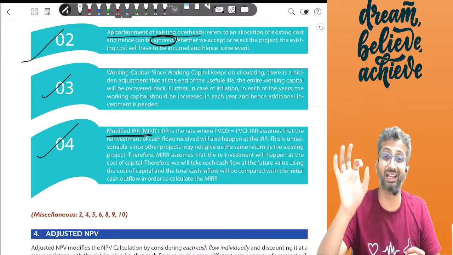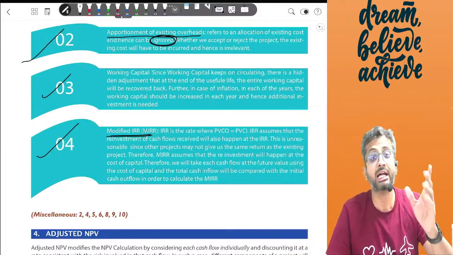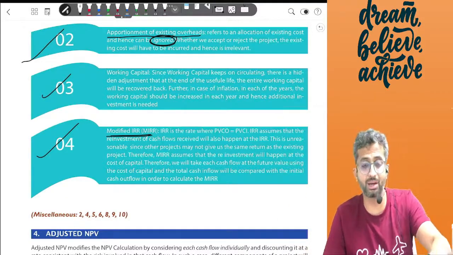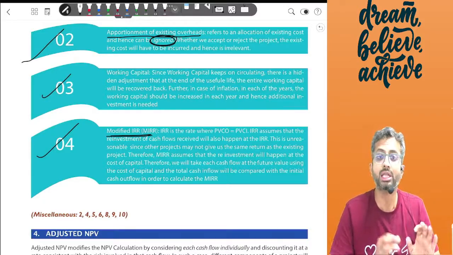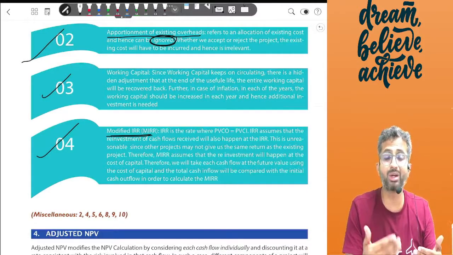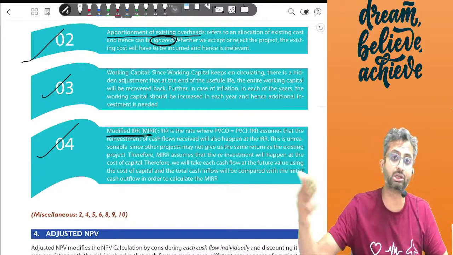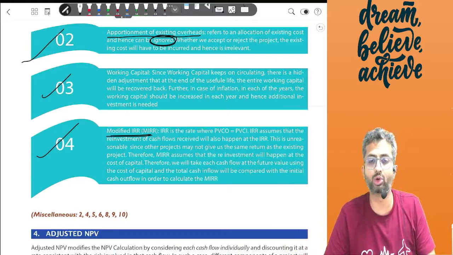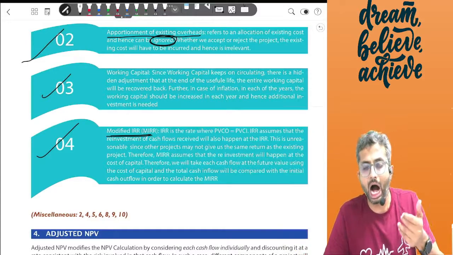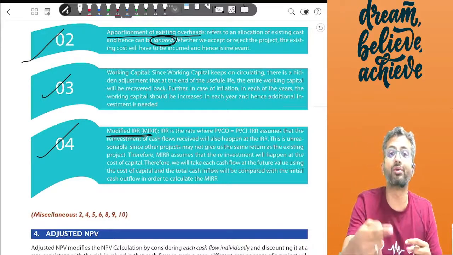I will reinvest it. Regular traditional IRR assumes that the reinvestment will also happen at the same rate at which this project is earning. Now this is a little flawed, because when I look at IRR, this project may give me supernormal returns, does not mean every other project should also give me those supernormal returns, and hence IRR has this problem of reinvestment rate.